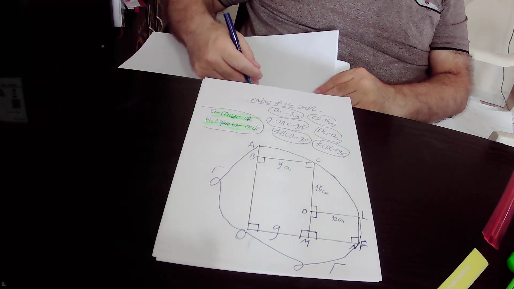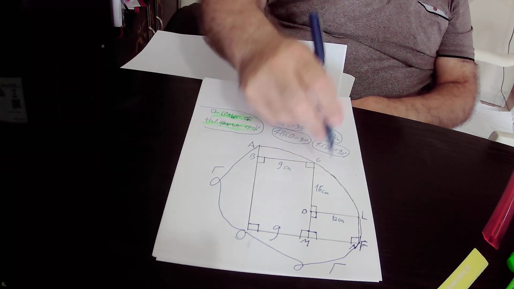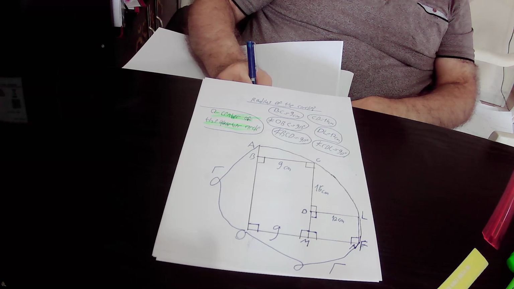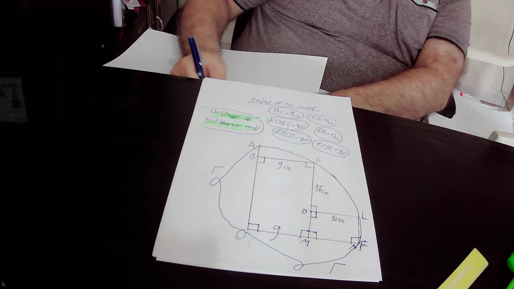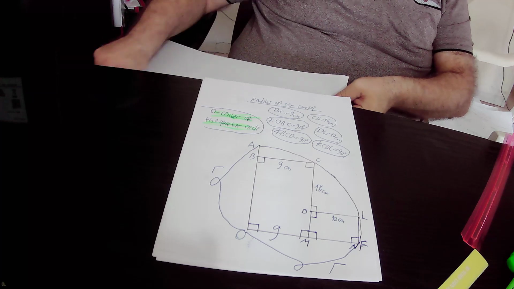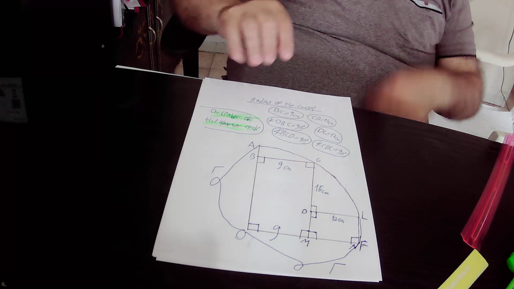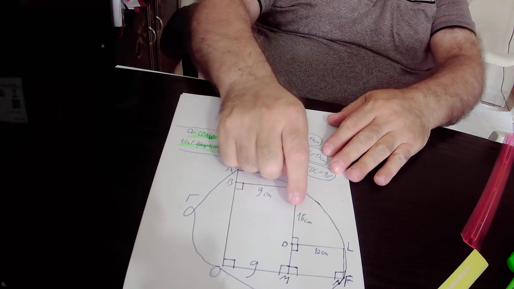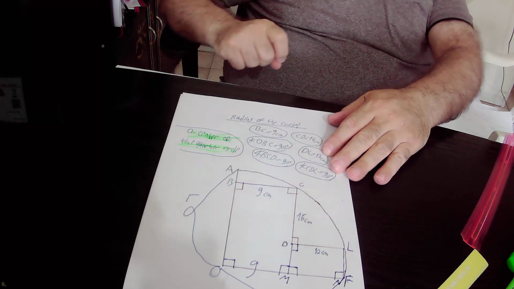And inside quadrilateral DLMN, we have one, two, three right angles. So to repeat, inside quadrilateral DLMN, we have three right angles.